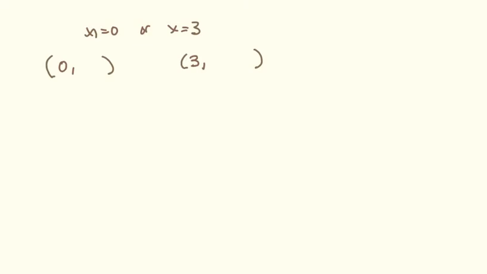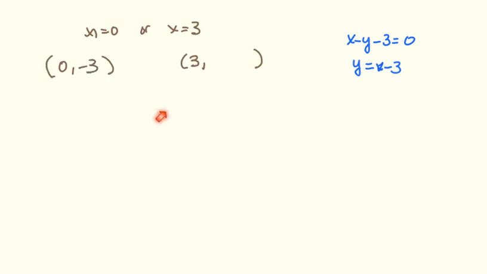So the linear was x minus y minus 3 is equal to 0, or after we rearranged it, we said it was y is equal to x minus 3. So if I take these two values, 0, put it in here, I would get y is equal to 0 minus 3, which is negative 3.